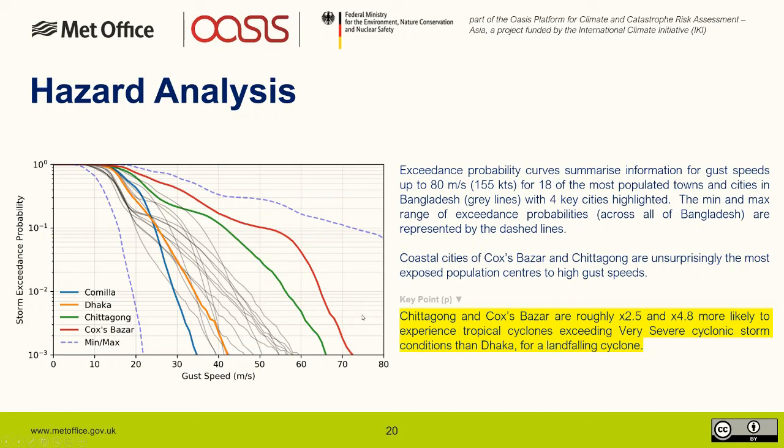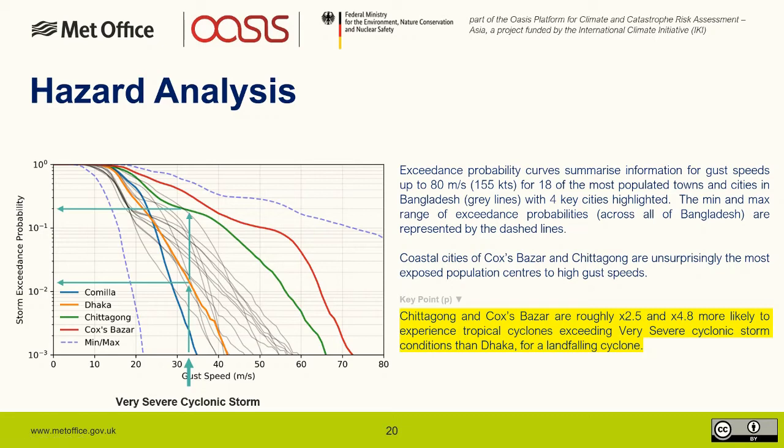Looking at exceedance probability curves for 18 of the most populated towns and cities allows us to compare the exceedance probability for a range of gust speeds. Here we can say that, for example, Chittagong is roughly 2.5 times as likely to experience a landfalling tropical cyclone exceeding very severe cyclonic storm conditions, noted here, than, say, Dakar.